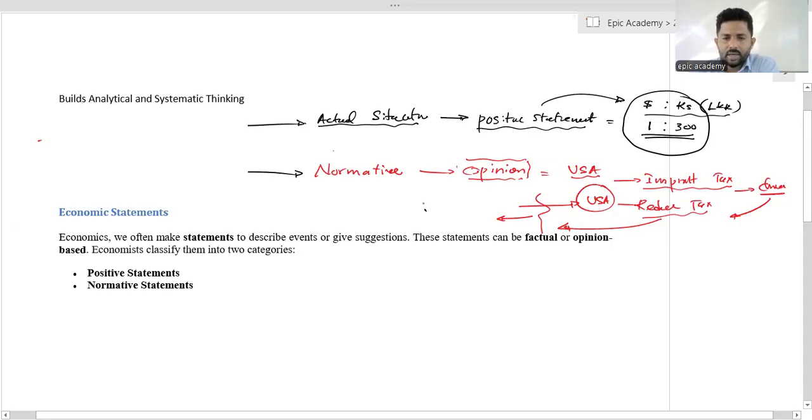They are creating some protests against the current government. So that is their opinion. Okay, that is their opinion. They always say USA should, USA should or must reduce the import tariff.